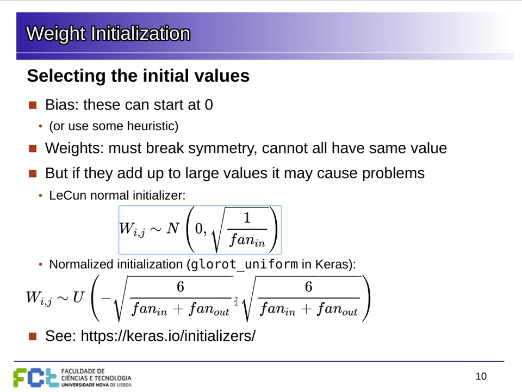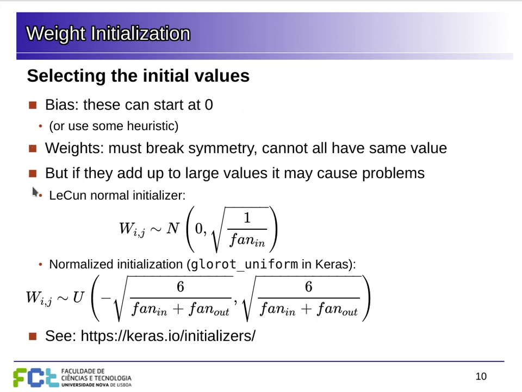So this is the fan-out parameter. So basically, if you are stacking layers in a multi-layer perceptron, fan-in is the number of neurons in the previous layer, fan-out is the number of neurons in the layer that you're considering. And these usually are the parameters where we're going to find the limits for the distributions to initialize the weights.